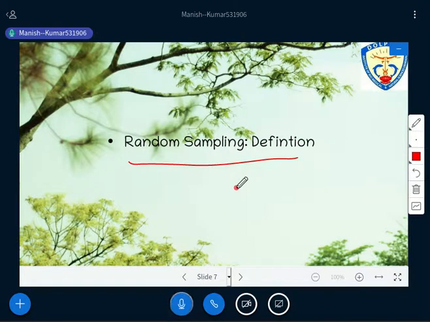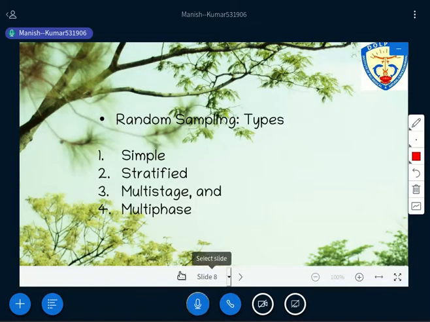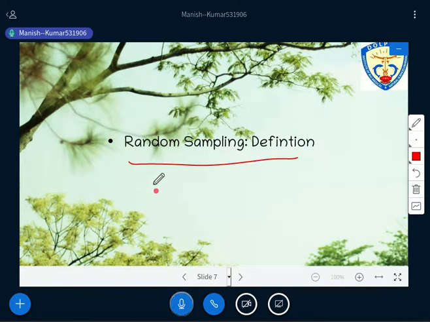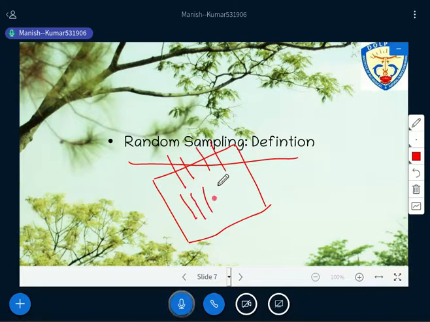Have you got that? Again, listen carefully: what is random sampling? Random sampling means, for example, there is a group with some x number of trees. You are selecting any tree, and all these trees have an equal chance of being selected.